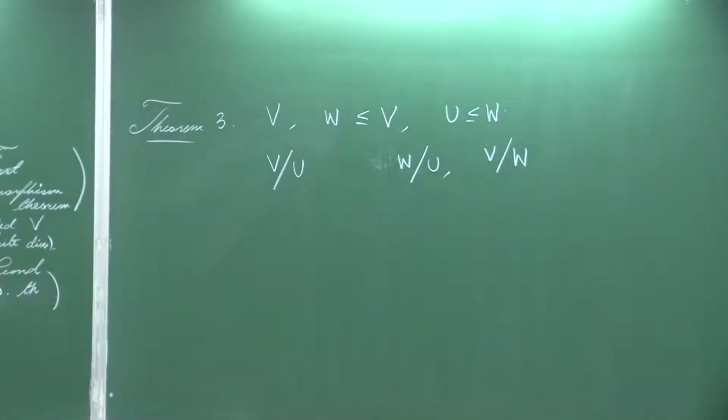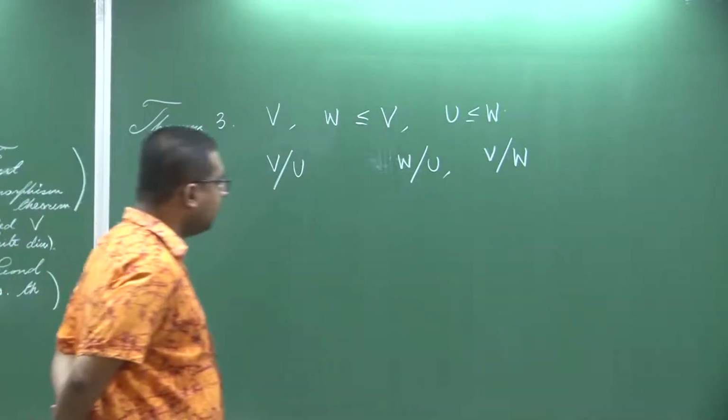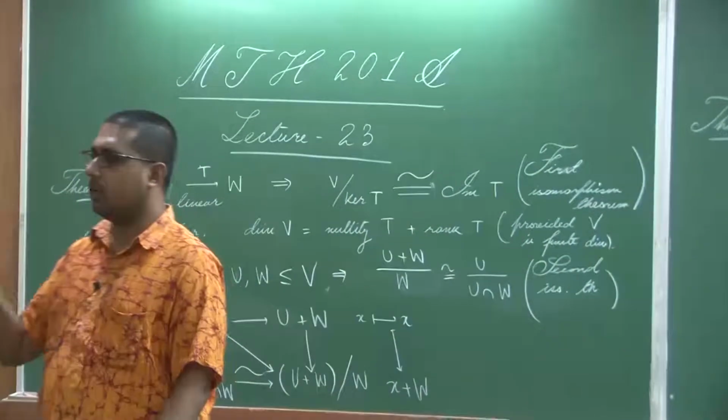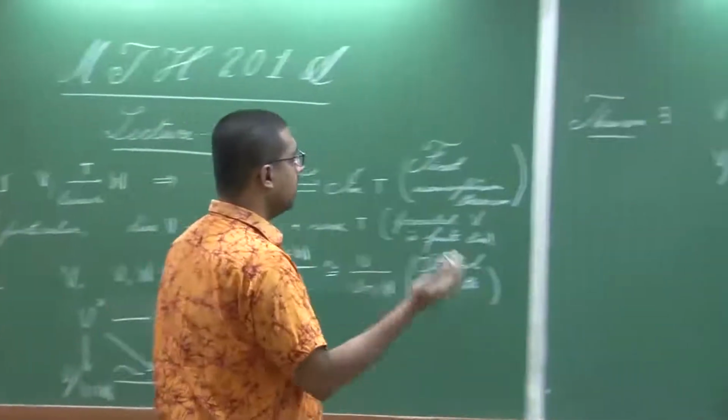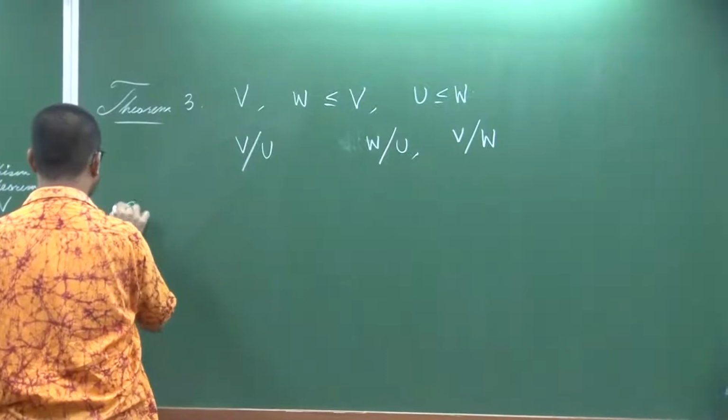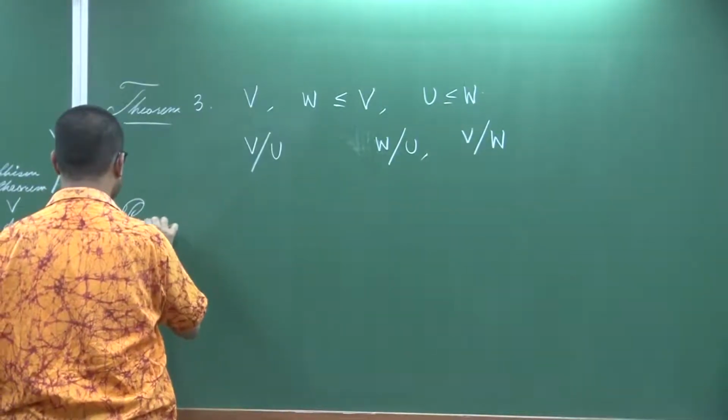Before that we have to observe something: under linear transformations there is a correspondence between the subspaces. Let me first prove that, and then I will come to the proof of this.